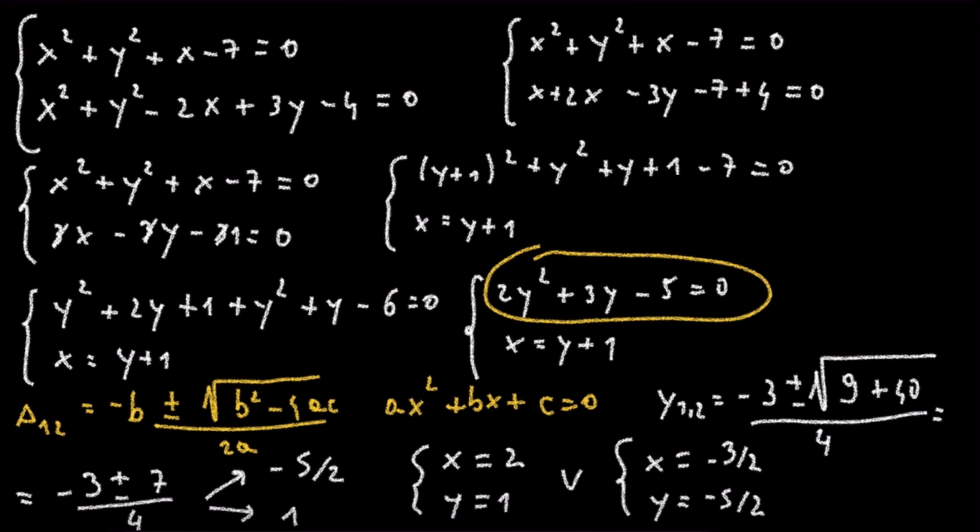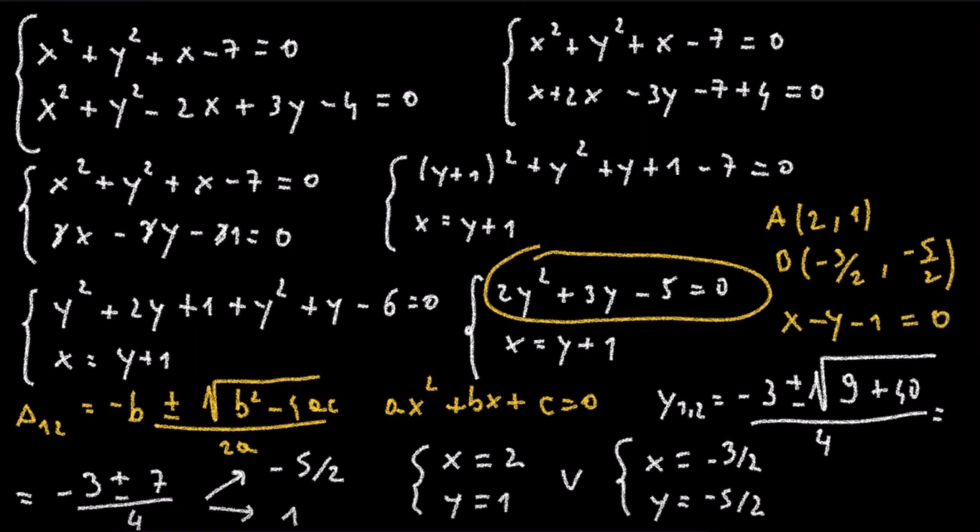So finally we can say that the two circles are secant in A(2, 1) and B(minus 3 over 2, minus 5 over 2), and the radical axis has equation x minus y minus 1 equals 0.